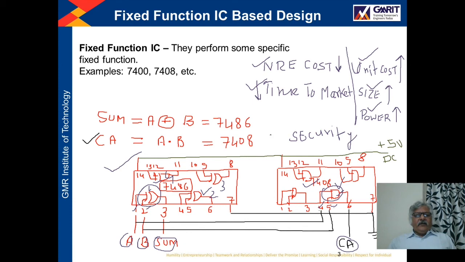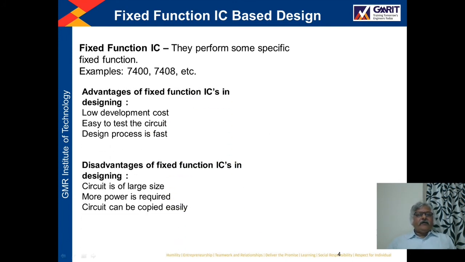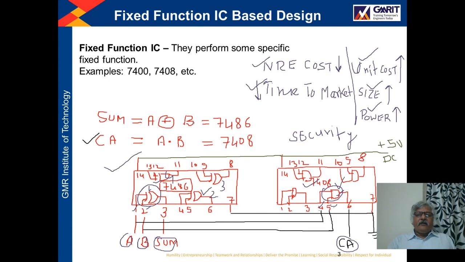So we have seen the various advantages and disadvantages of the fixed function IC. The same thing is mentioned here. Low development cost, easy to test the circuit, design process is fast. These are the advantages. In this you can also add that NRE cost is low. And what other advantage have we written?